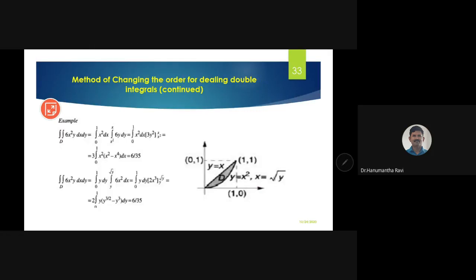You take this example. See, if you take this example, what is the region of integration here? What is the integrand here?